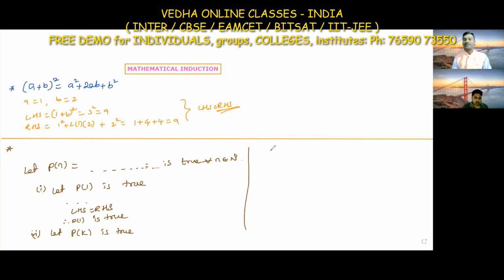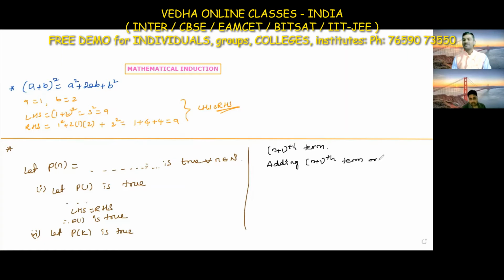After equating the LHS and RHS, we find the (n + 1)th term from the nth term, and we add the (n + 1)th term on both sides.